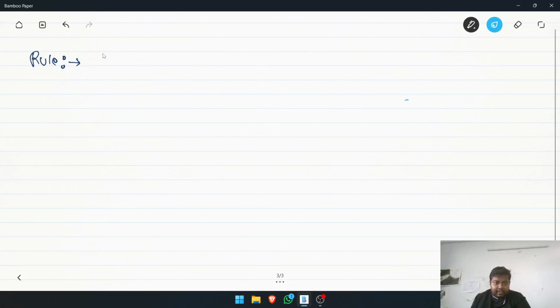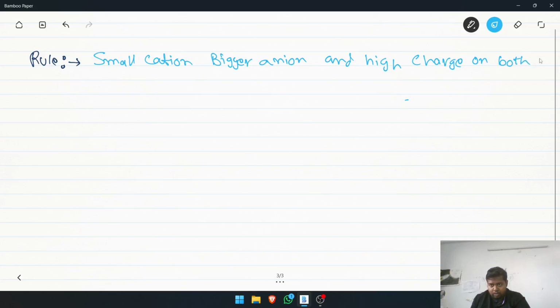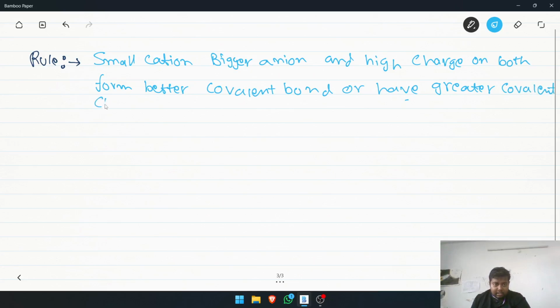We will write: small cation, bigger anion, and high charge on both form a better covalent bond, or have greater covalent character in the bond.